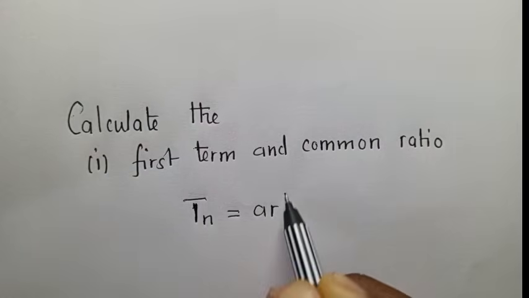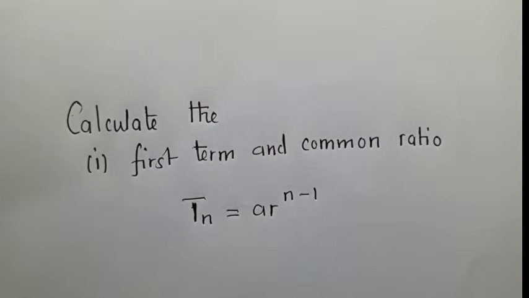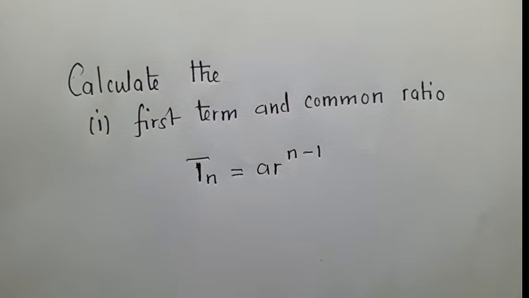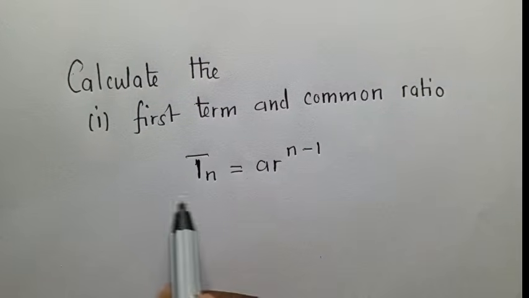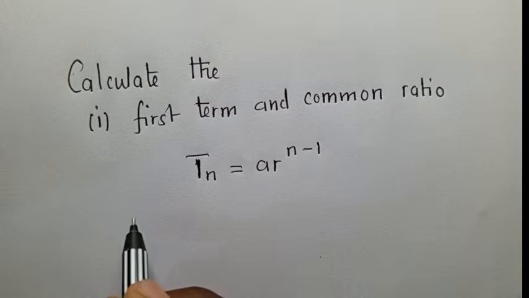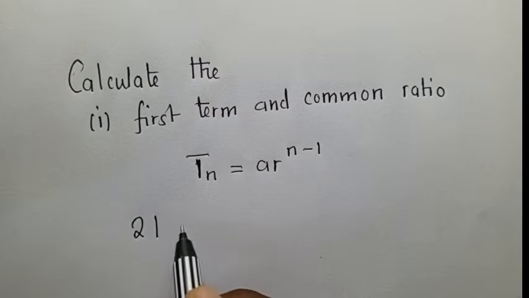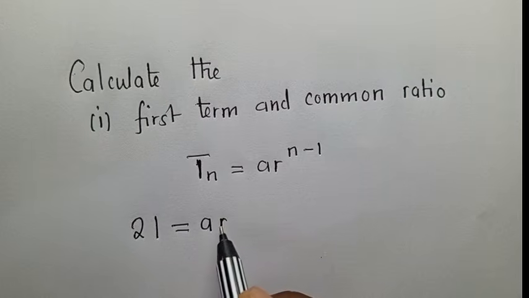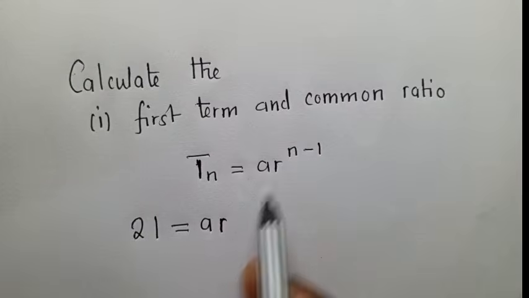When dealing with geometric progression, this is the formula we use when finding the term. We shall use this formula twice. They said the second term was 21, so we write 21 equals A, the first term, which is what we are looking for, and R, the common ratio, which we are also looking for.